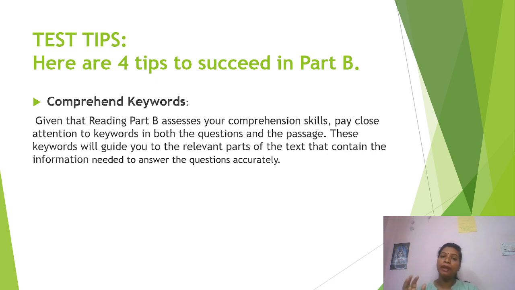You have to pay close attention to the keywords in the question and the passage, because these keywords will definitely guide you to the relevant parts of the text that contain the information needed to answer the question accurately.